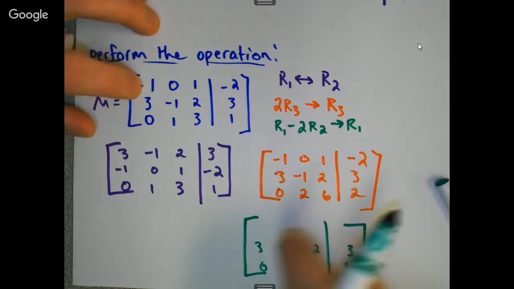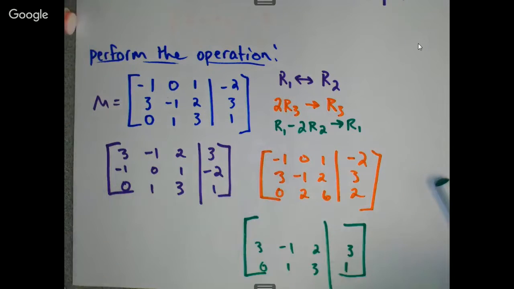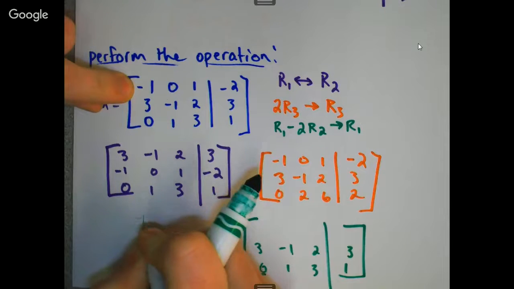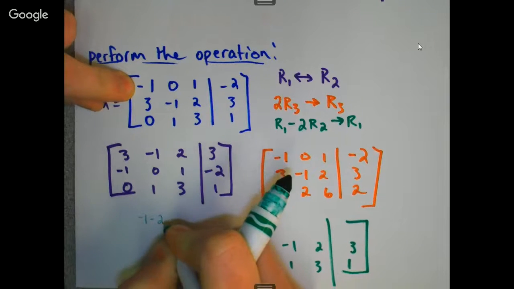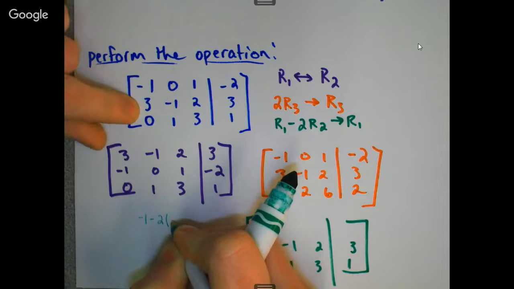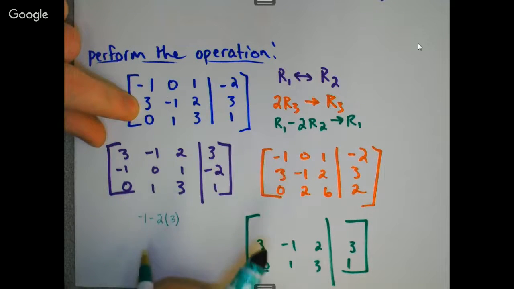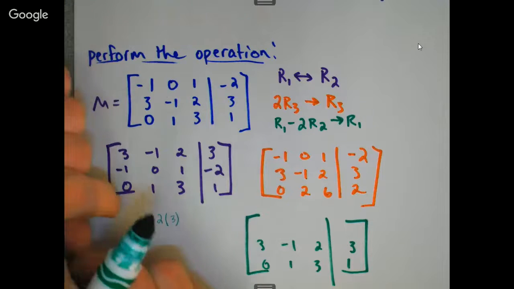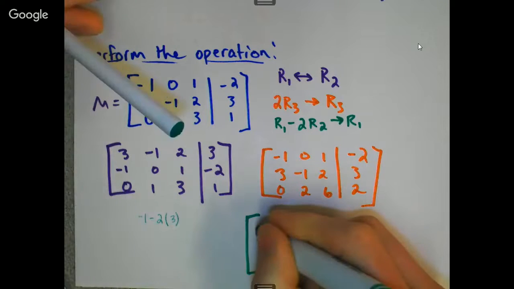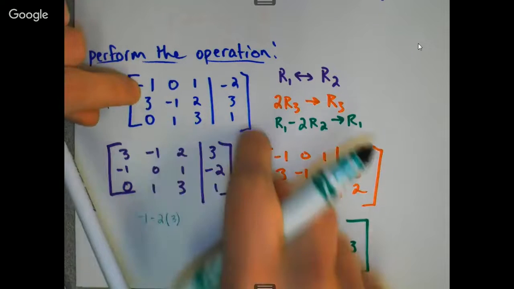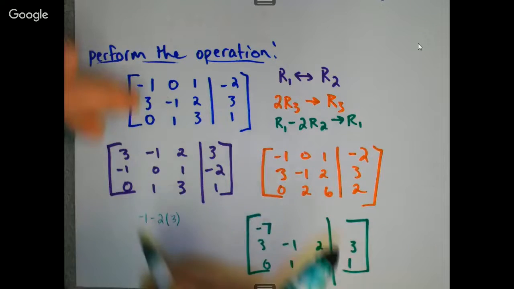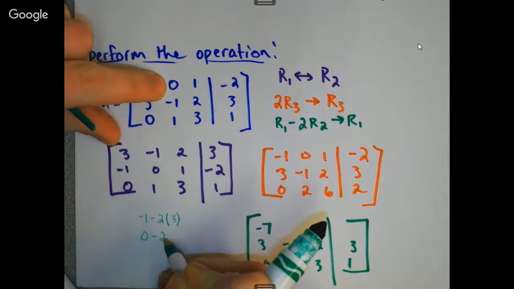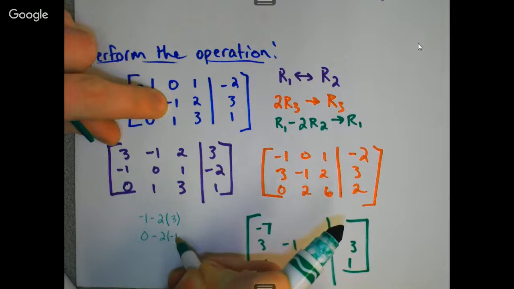So we're going to take the row 1 element, which is -1, and subtract 2 times the element in row 2, which is a 3. So we have -1 minus 6, which is -7. And we do this throughout all the columns. So we have our row 1 element minus double our row 2 element.